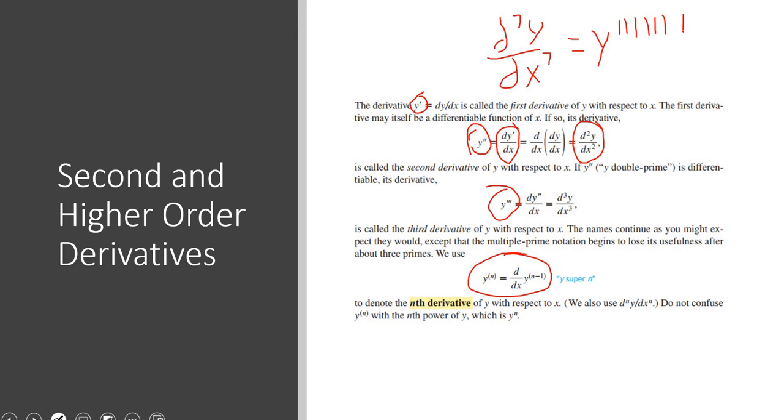For example, as you can see up here above, if I wanted to, for whatever reason, take the 7th derivative of y, it's a lot easier to write it like this than it is to write y and 7 little marks here. That's why in many cases, Leibniz notation, aka this one right here, where we have dy/dx, is preferred to using these notations right here, where we have y with multiple primes.